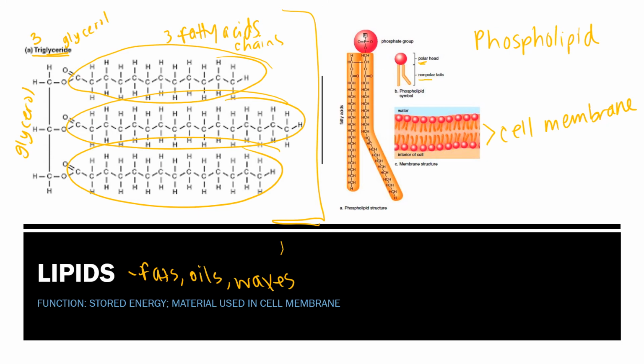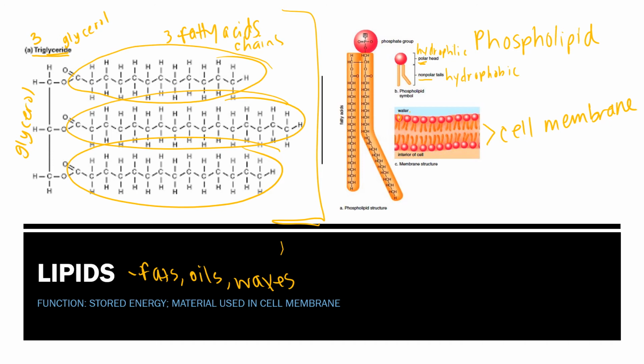We have a polar head. Okay, polarity, just like water, so it likes water. So that is the hydrophilic head, and then the hydrophobic tails, or nonpolar. They don't mesh well with water, so they are on the inside, so they don't touch the water. They're scared of the water.